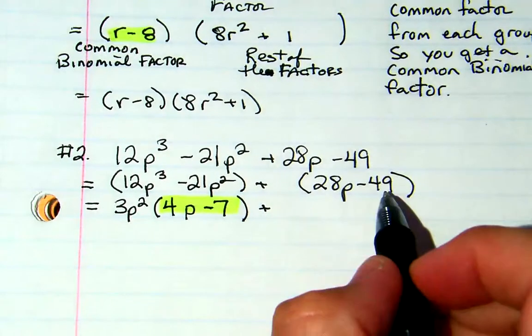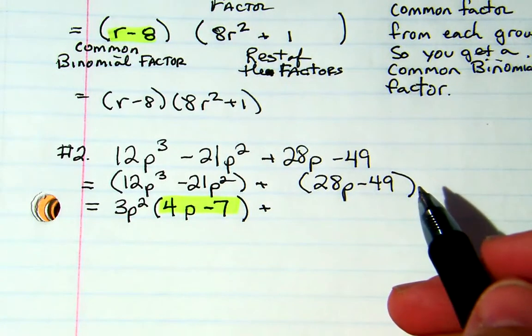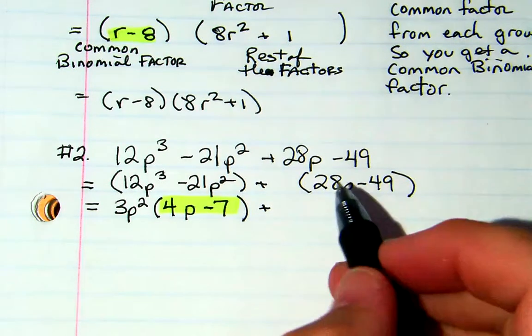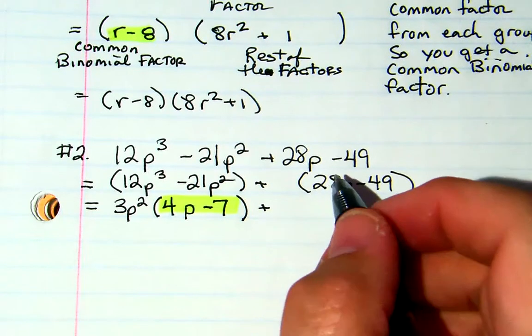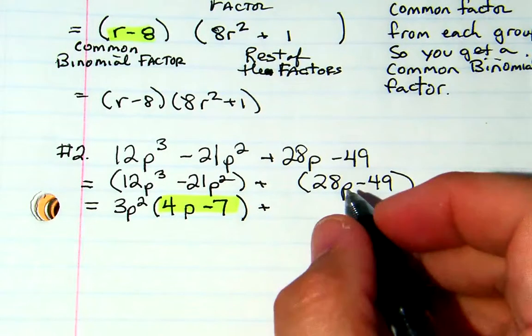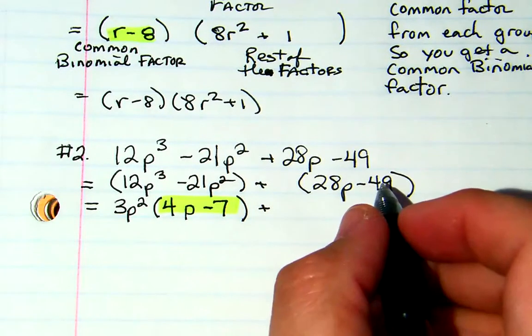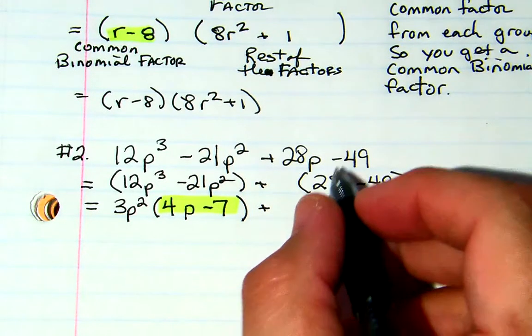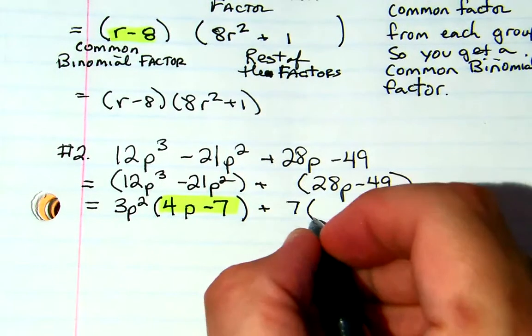I have a 28 and a 49. If you think in terms of football and touchdowns, how many touchdowns is 28? 4 touchdowns. And 49 is 7 touchdowns. So the number that divides into both of these is 7.